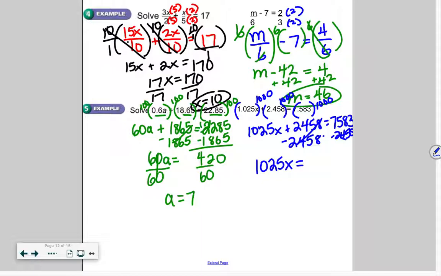My handwriting's too squished, I can't even see what I wrote. What do we get when we subtract 5,125? Next, divide by 1,025. What do you get? Should just get 5.